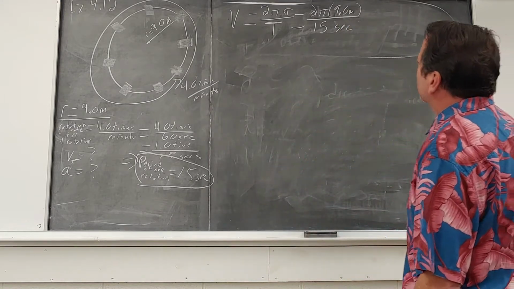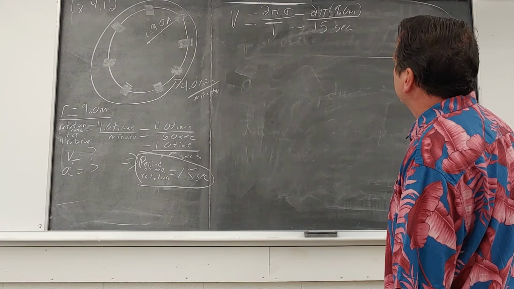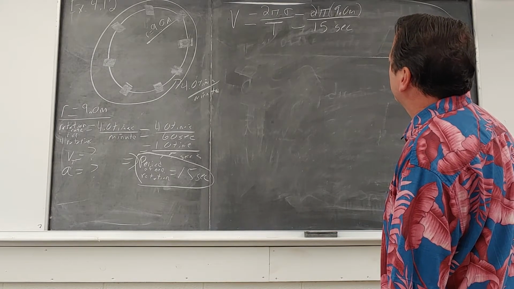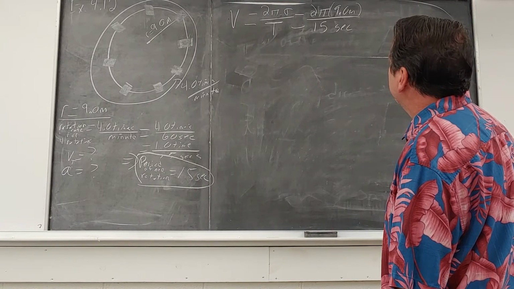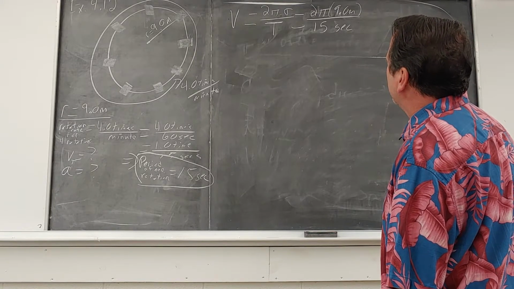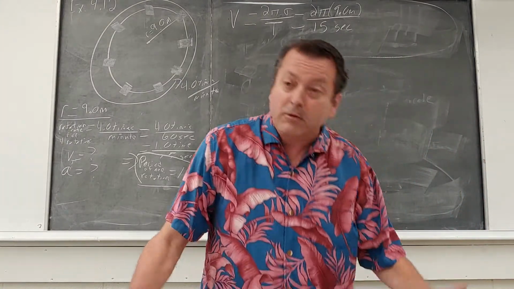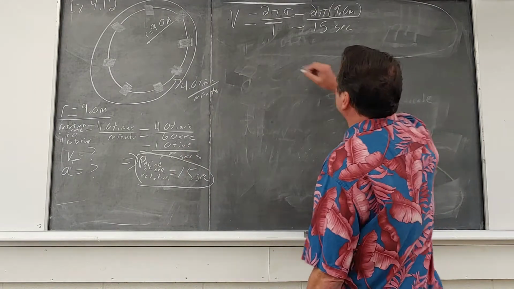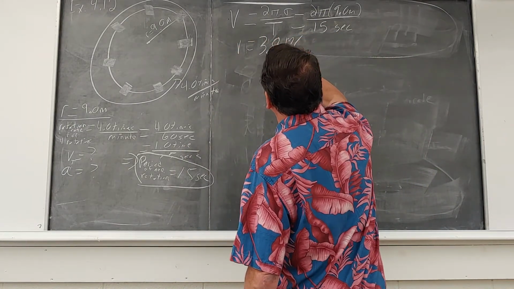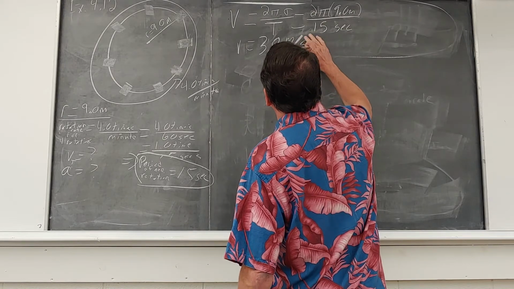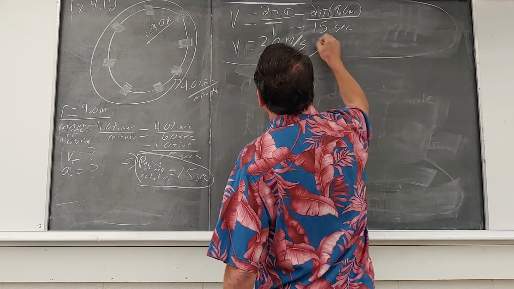Well, 2 pi is 6.28 times 9, so that's about 57, divided by 15. It's a little bit less than 4. It's going to be 3.8 to 2 sig figs. That's right, 3.8 meters per second. So that would be your velocity as you go around it.